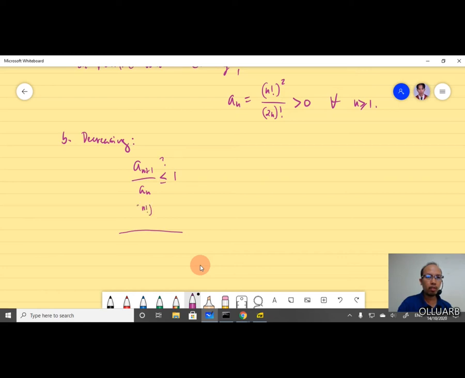We have n factorial square over quantity n plus 1 factorial over 2 times n plus 1 factorial over n factorial square over 2n factorial.